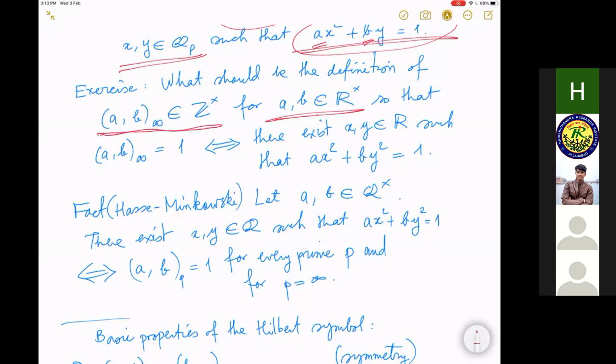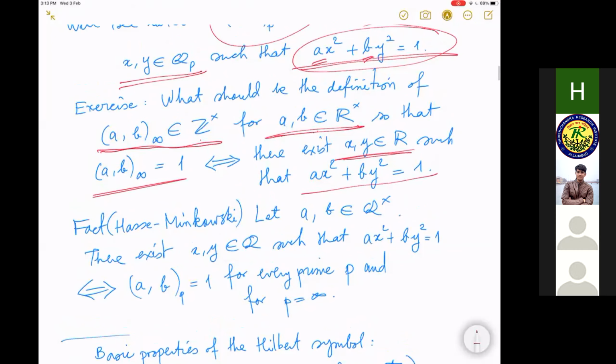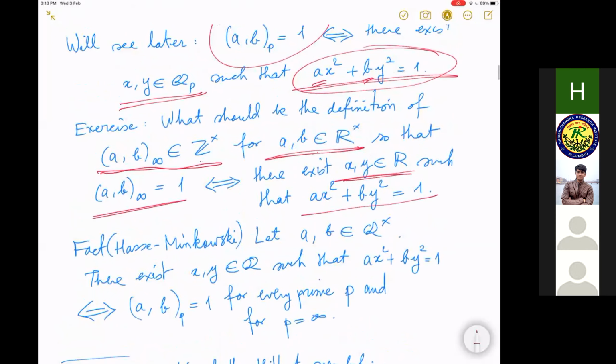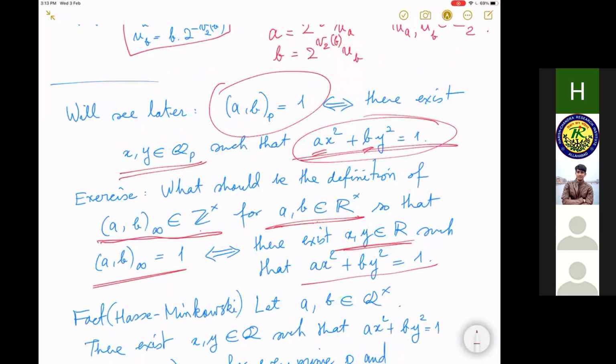So the Hilbert symbol for A, B in R is going to be denoted (A, B) infinity, and it's going to have values in Z star. And it should be equal to 1 if and only if there exist x, y in R such that ax squared plus by squared is equal to 1. See, that's the condition, that's the theorem that we are going to prove for the Hilbert symbol over QP.